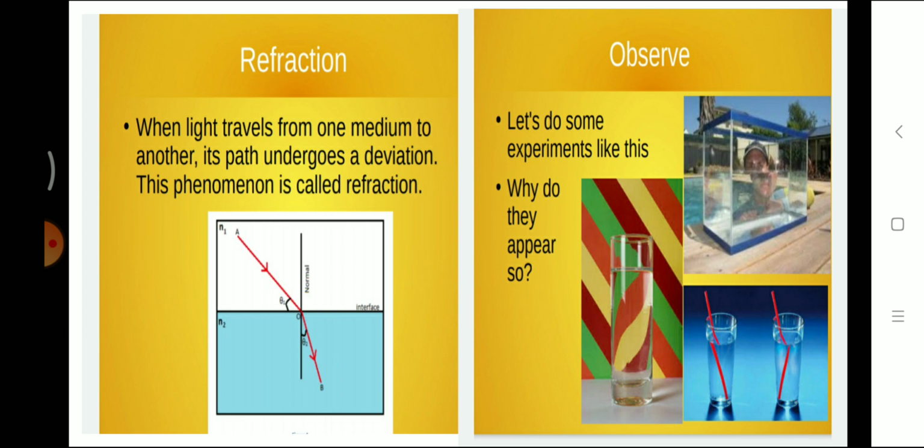So, when light passes from air to water, the path of the light will undergo a small deviation. That deviation causes the feeling of bending. So this phenomenon is known as refraction.